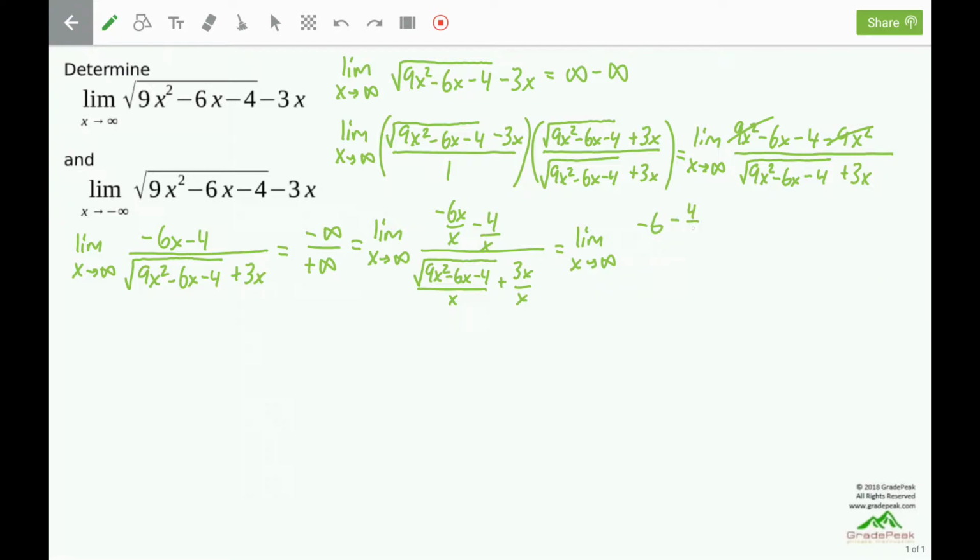In the second term, there are no x's to cancel. It will remain as negative 4 over x. In the denominator, the square root can extend over the x by rewriting it as x squared, because the square root of x squared is x. In the second term, the x's can cancel, leaving a positive 3.